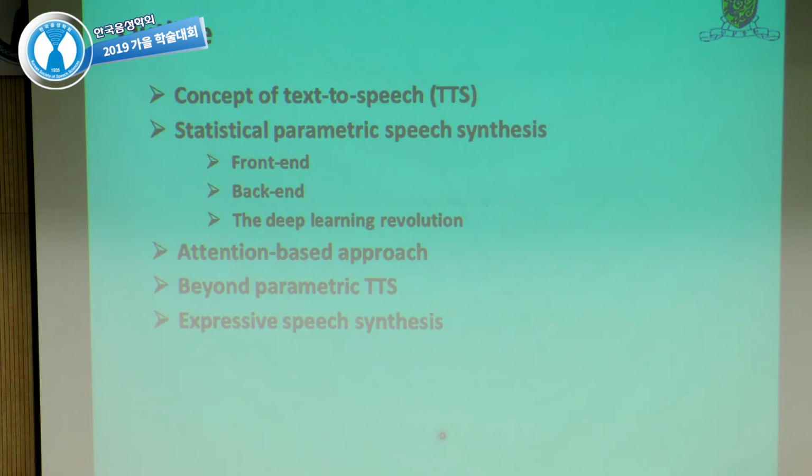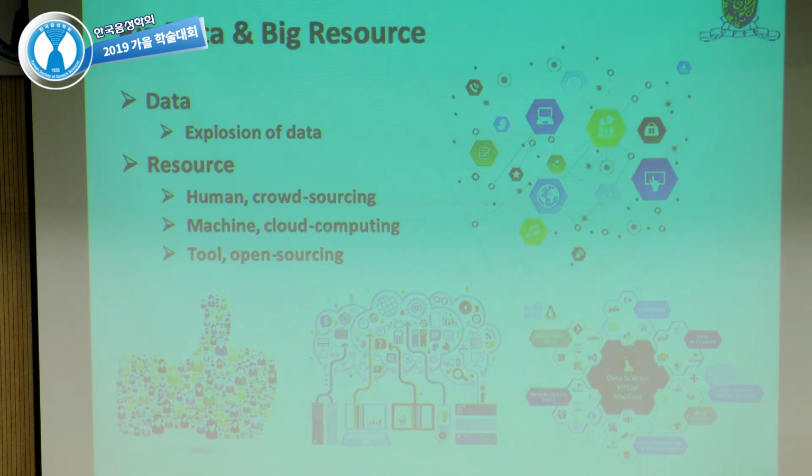Now we talk about the deep learning revolution. We see how deep learning changed this kind of modeling. As we know, deep learning thrives thanks to big data and big resources, because today we have crowdsourcing to provide a huge amount of human knowledge data, machines and cloud computing for big computation, and also open source tools for us to run deep learning algorithms.